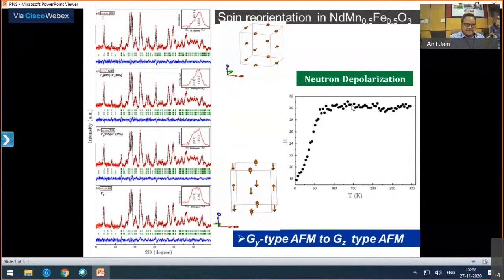By just seeing how much your neutron beam gets depolarized after passing your sample, we see there is a depolarization of the neutron beam, and it gives an idea that when your spin is reorienting from GY to GZ orientation, there is some net ferromagnetic component which is developed in the sample.